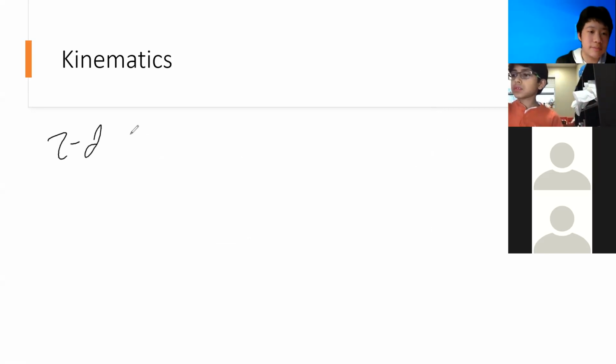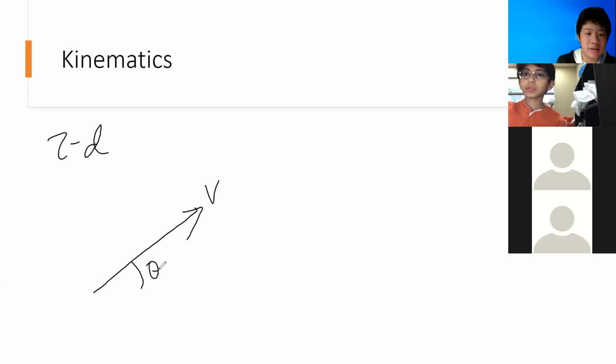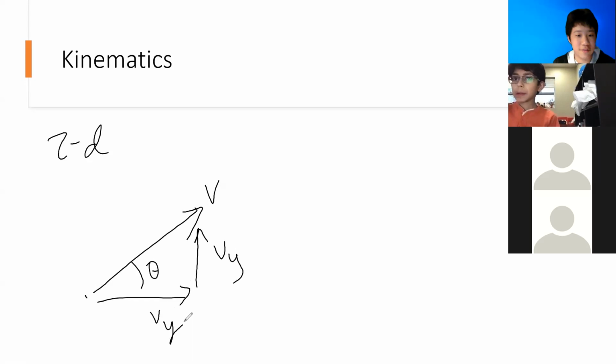For 2D, sometimes we're going to have a velocity at some kind of angle. The crucial part about 2D kinematics is to divide our velocity into x and y components. We can't just add vectors when they're not in the same direction, so we need to divide them into x and y components. That's the most crucial part of 2D kinematics. Another crucial thing to know is that whatever kinematics is going on in the x and y directions have no effect on each other.